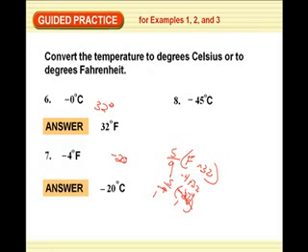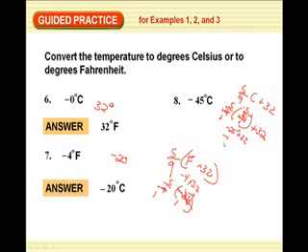Celsius to Fahrenheit, the formula is 5/9 C plus 32. So you put 5/9 times negative 45, that's over 1. The 45 and the 9 cancel. 5 times negative 5, negative 25 plus 32.